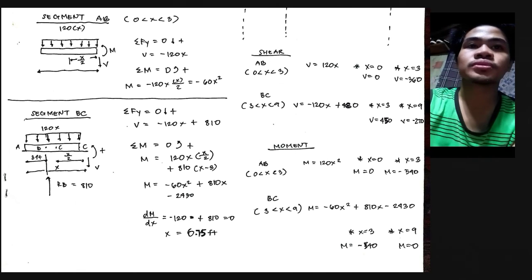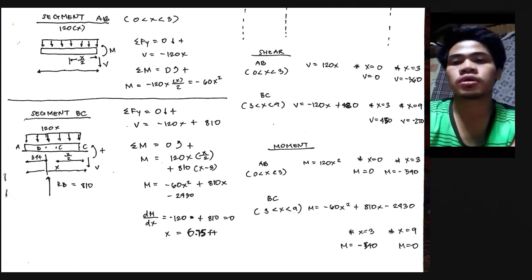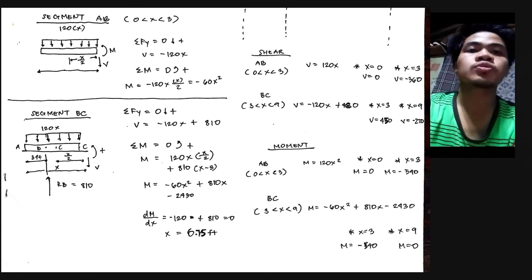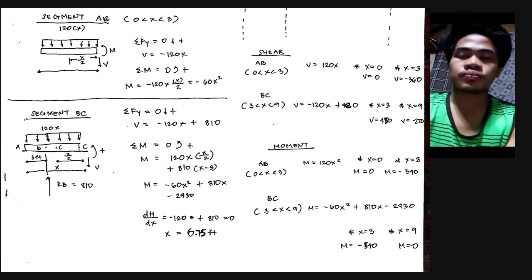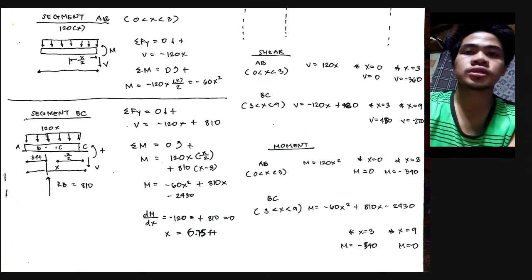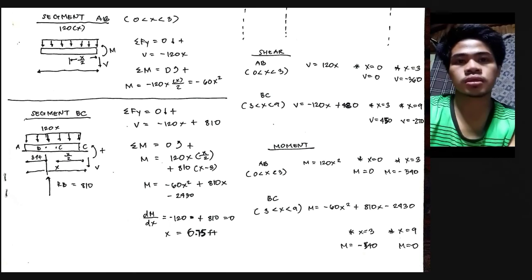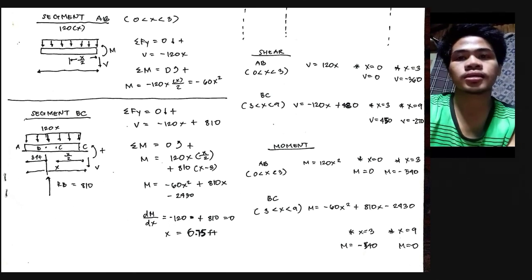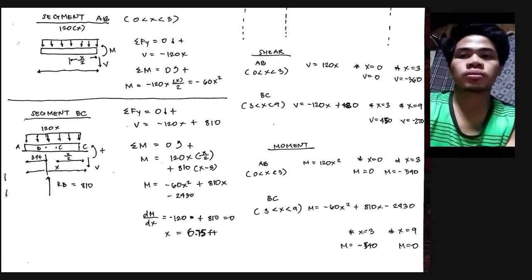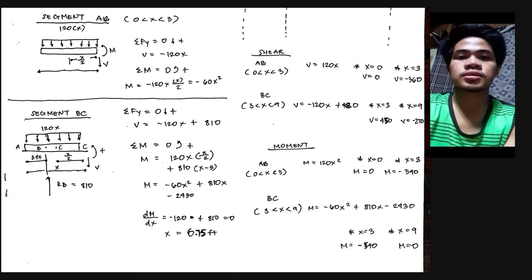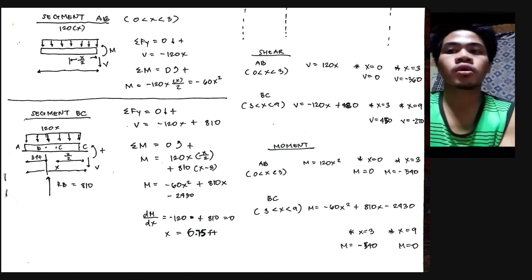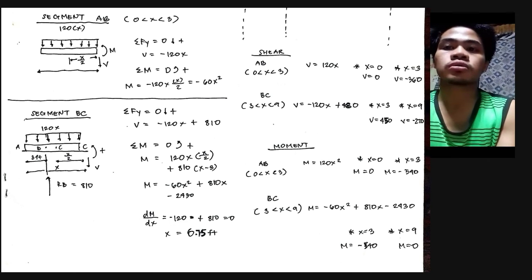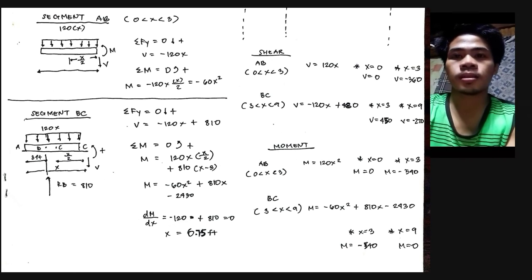So the summation of vertical forces is equal to 0, downwards positive. V would equal negative 120x. The summation of moment is equal to 0. M is equal to negative 120x multiplied by x over 2, which is the distance from the centroid, and that is equal to negative 60x squared.